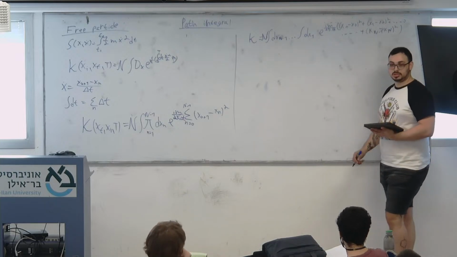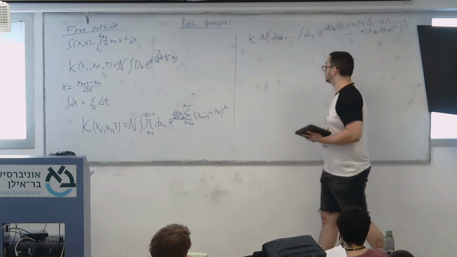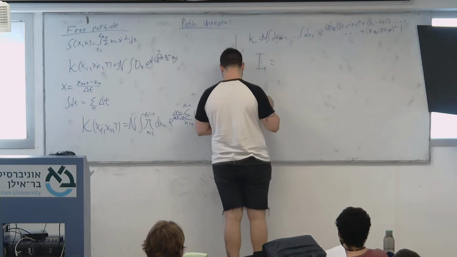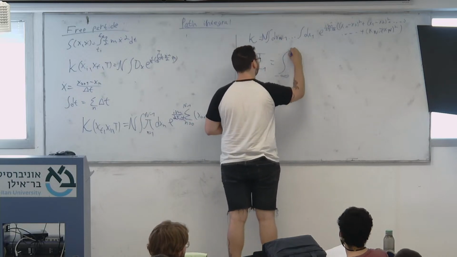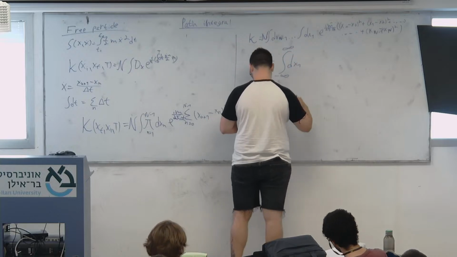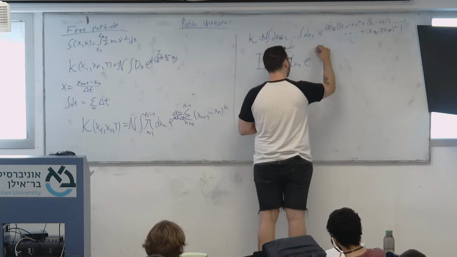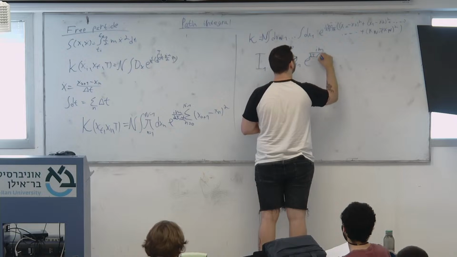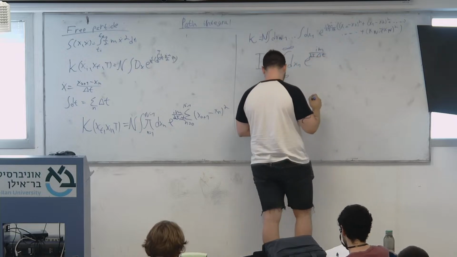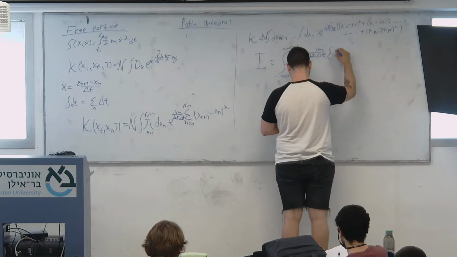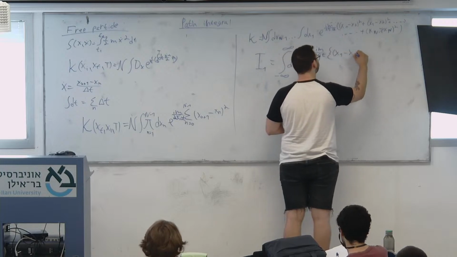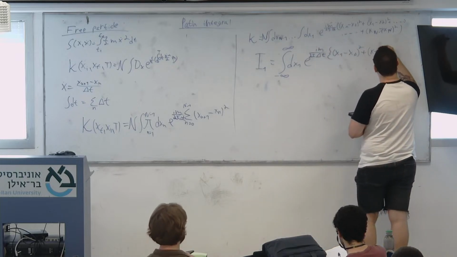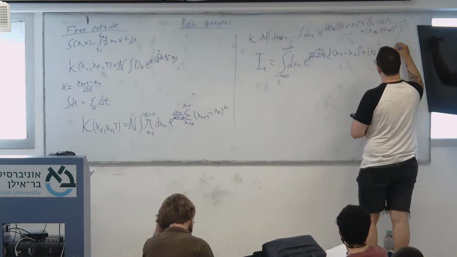Alright, so let's do this integral one by one. Start with x1. I'm going to call it I1. I1 is the integration from minus infinity to infinity dx1 of e to the i m divided by 2 h bar delta t of (x1 minus x0) squared plus (x2 minus x1) squared.